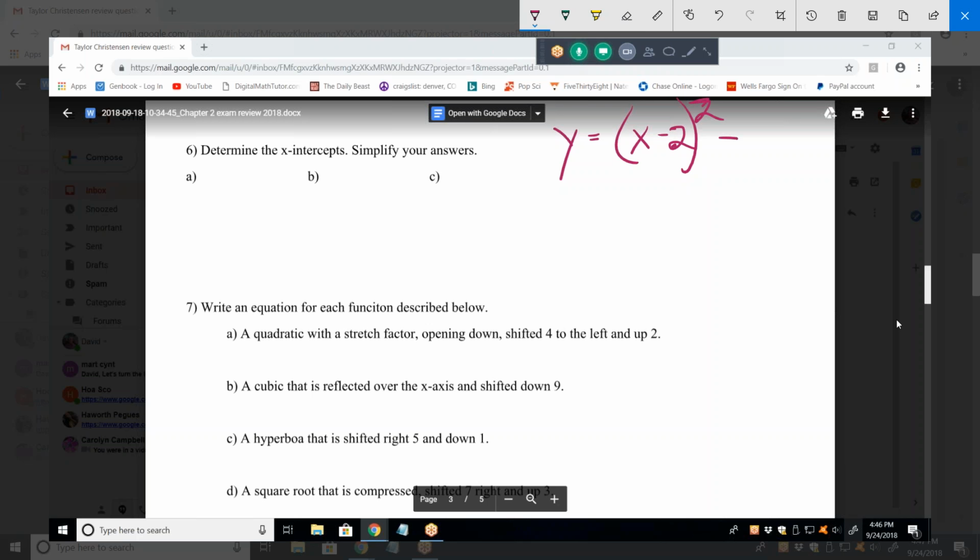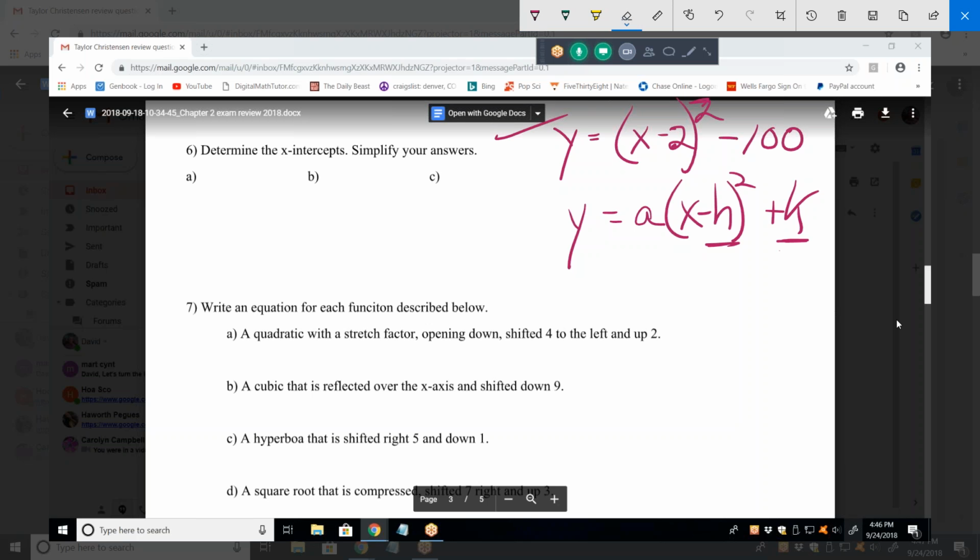In other words, standard vertex format is y equals a times x minus h squared plus k, and h is the x coordinate of the vertex, k is the y coordinate of the vertex. And we know we're talking about a parabola because we're talking about a quadratic. We got an x squared term.